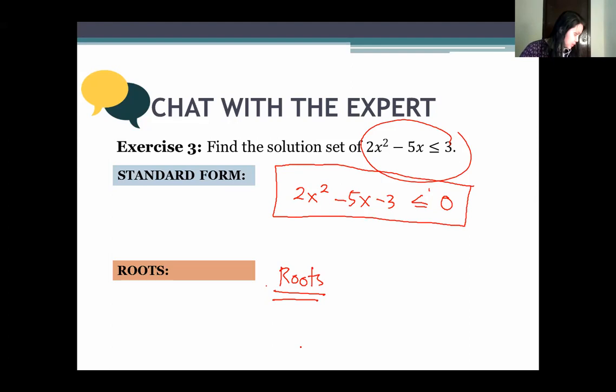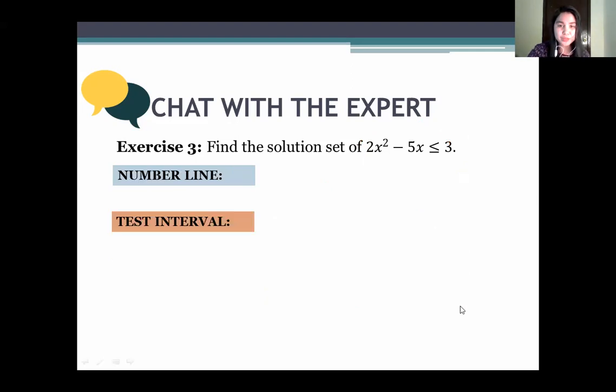The roots. What are the roots? The roots are x equals -1/2 and 3. You can do factoring. So in the number line, that's going to be -1/2, shaded, right?